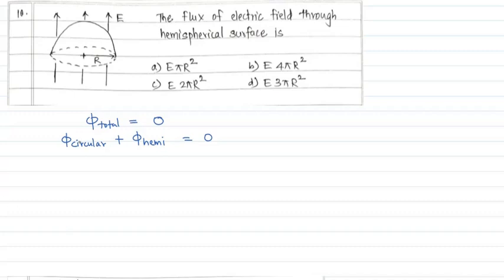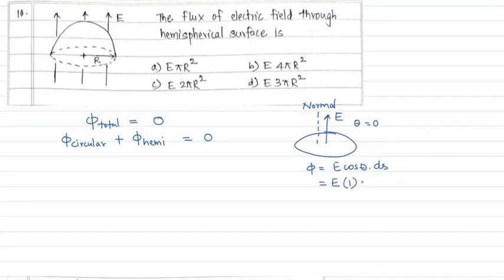Now if I take the circular surface, E is acting upwards, and the normal to this surface is also parallel to E, therefore theta will be equal to 0. So flux is given by E cos theta into ds. E cos 0 is 1.